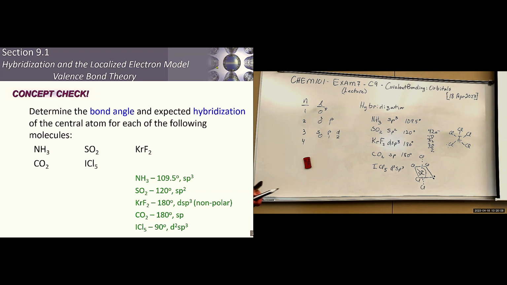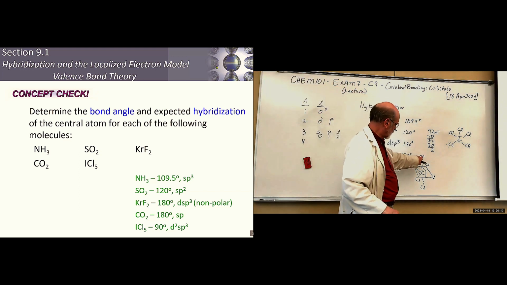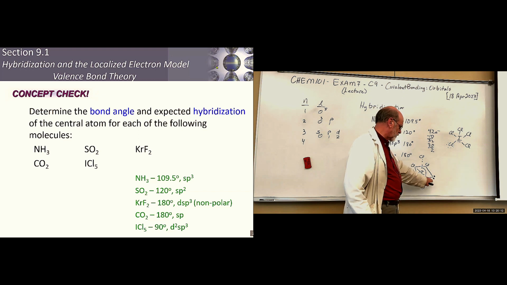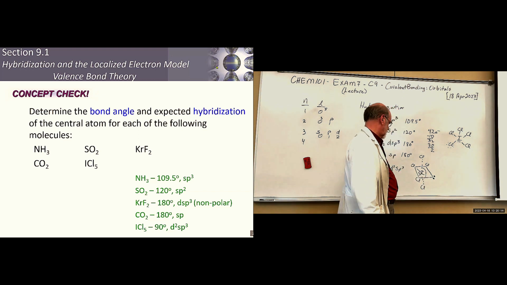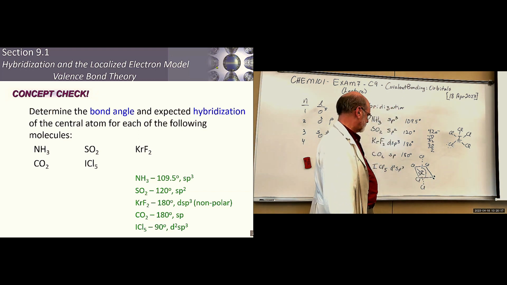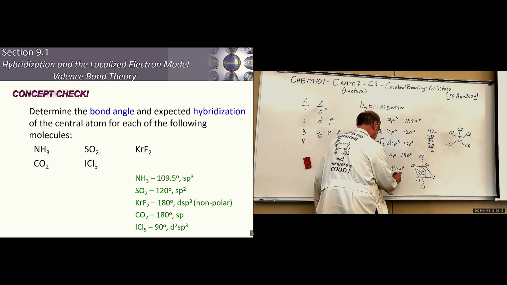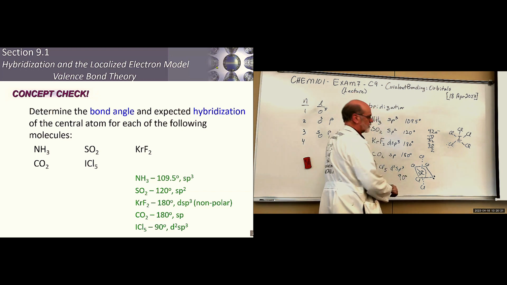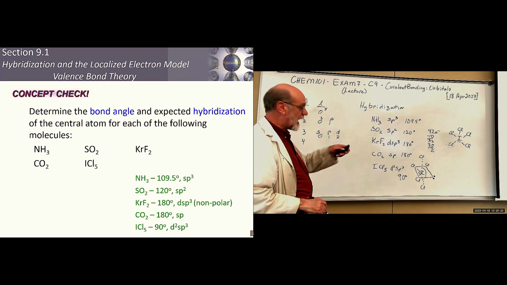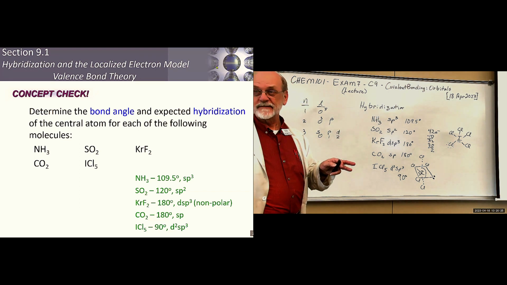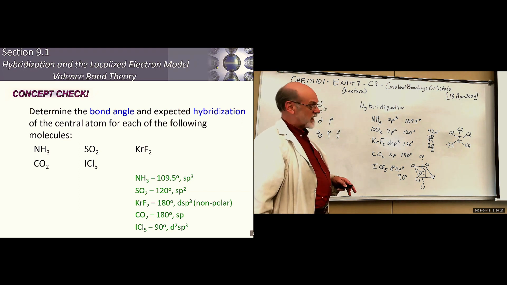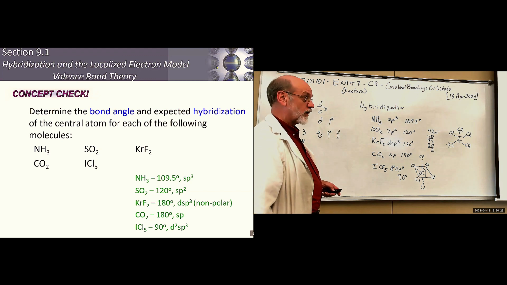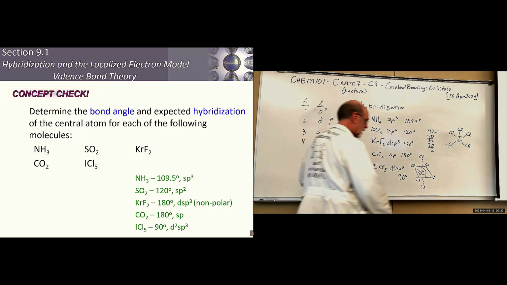If it's leaving out the 180, then it's saying the lone pair is up here. I think the lone pair is supposed to go on the square. Hybridization is correct. Bond angle might be questionable, depending on where that lone pair goes.